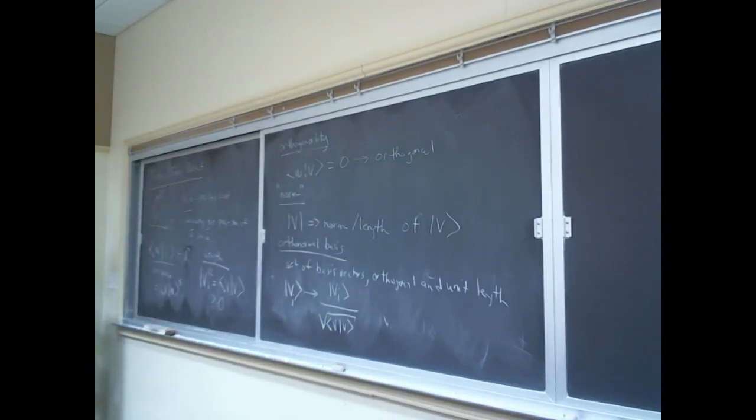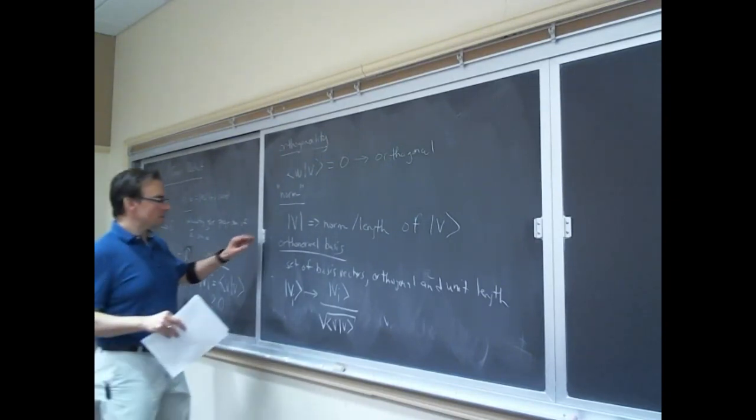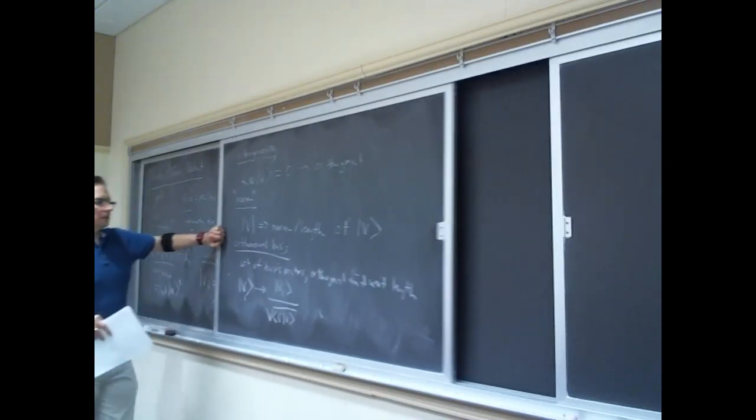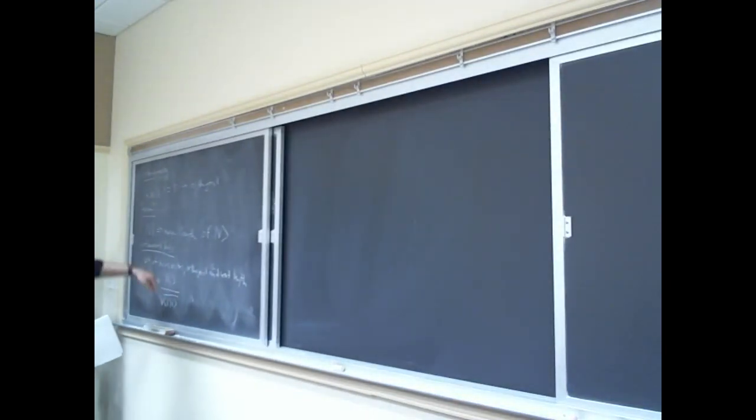If it's already unit length, then the denominator will be 1, and it's a trivial division. If it's not, then you'll get in the end a unit vector whose length is 1, and maintain the orthogonality of the basis vector set. Okay, so that's going to come in handy for the next step. So last two pieces, and then we can do some exercises.